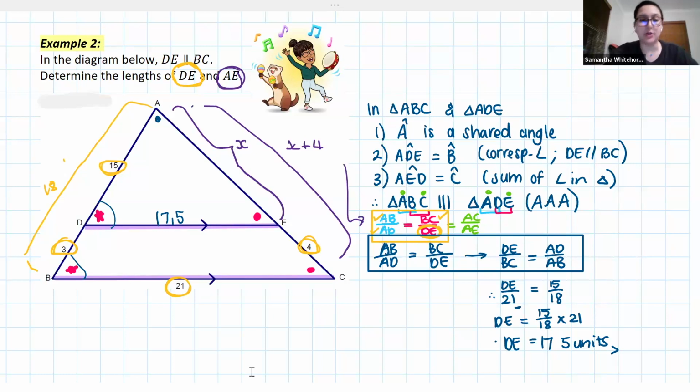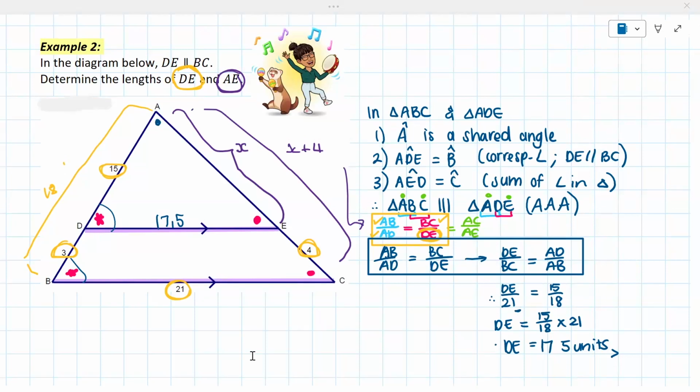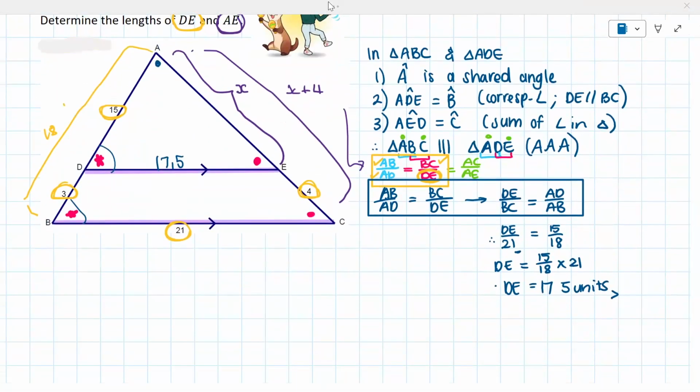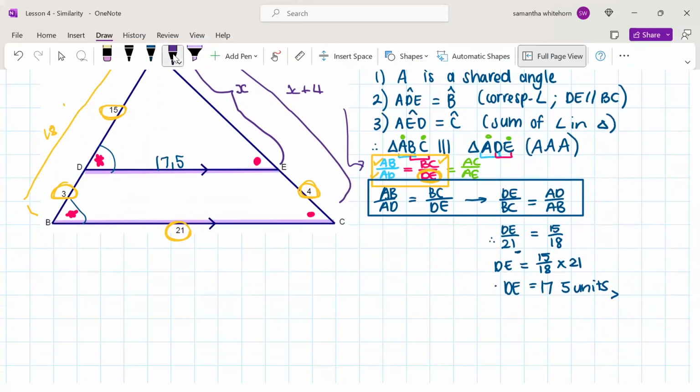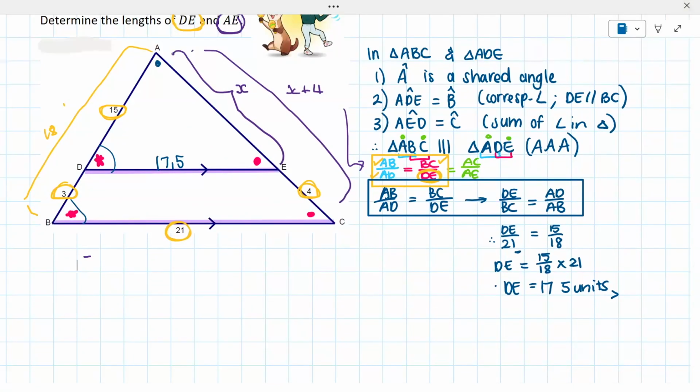Alrighty. So I gave you 2 hints. Hint number 1 is let it equal X, and hint number 2 is that you should get a whole number as your answer. Technically speaking, when we represent something with another variable, we should state that. So AE is equal to X. And then we go back to our ratios.